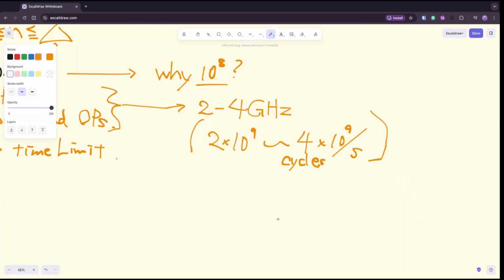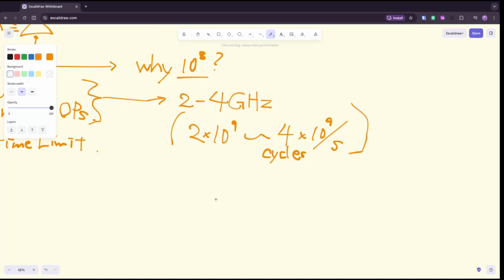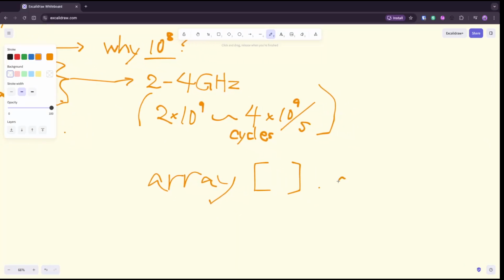One operation in your code, like array access and add, or in Python append, is a very simple operation. But this is not one CPU cycle.